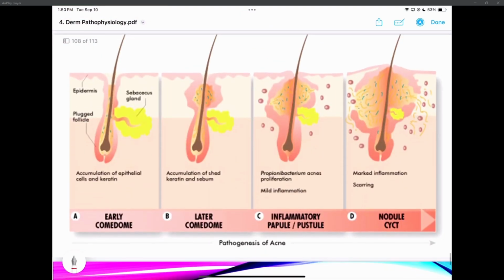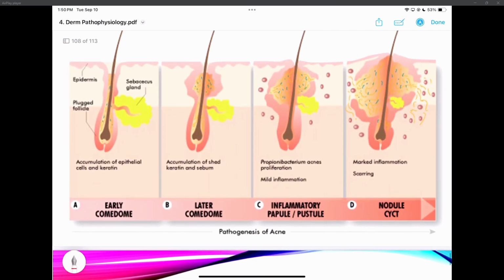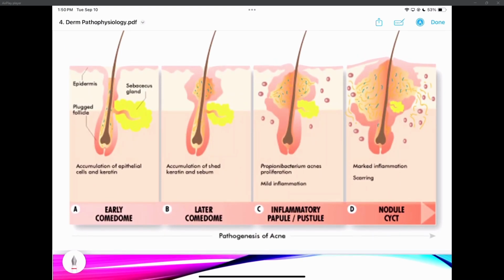So here's a picture showing you. First we have this early comedone. You get keratin sloughing and falling into that little pore, plugging up that pore. Then because we're plugged up, we get accumulation of sebum. All the oil builds up in that area.